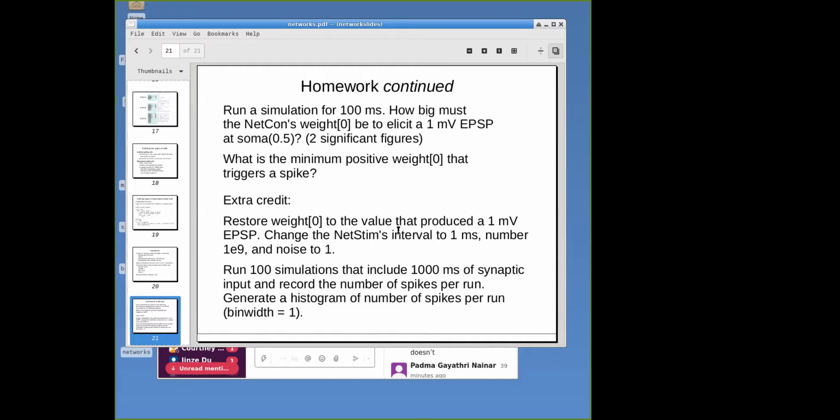And I'd like you to run 100 simulations with that model that include 1,000 milliseconds of synaptic input, and I want you to record the number of spikes you get per run. And I want you to generate a histogram that shows the number of spikes per run with a histogram bin width of 1 spike, of course.